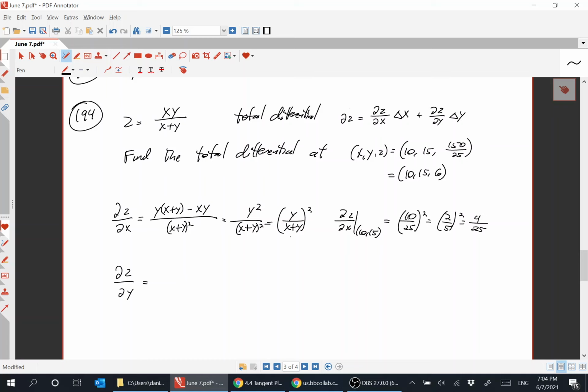It's the same function back. So the derivative with respect to y is the same as the derivative with respect to x, exchanging x and y. So it's going to be x over (x plus y) quantity squared. See, it's a symmetric function in x and y. Exchanging the roles of x and y doesn't change the function.